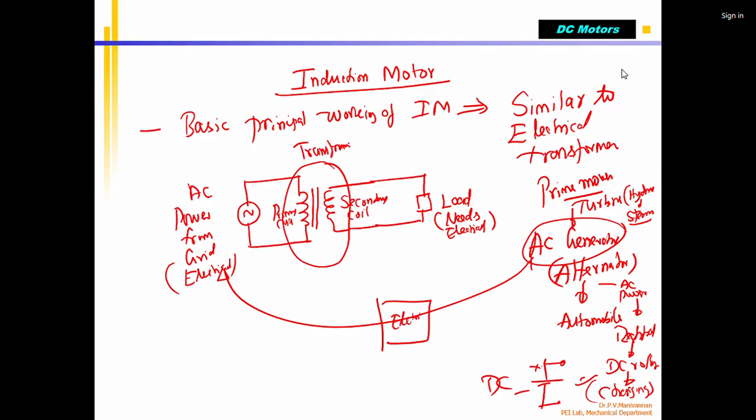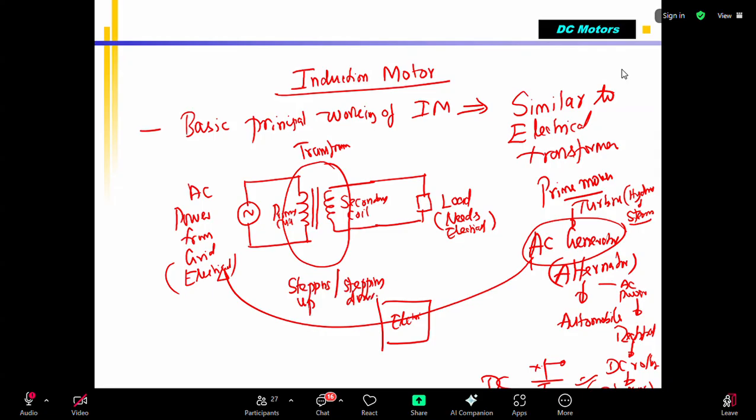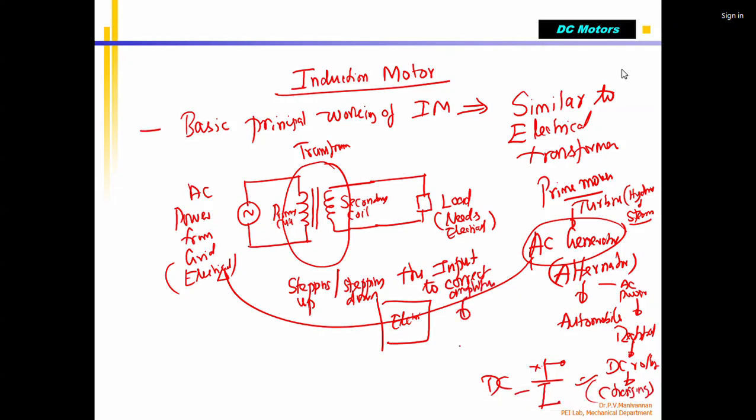Please note that the electrical transformer is used for stepping up or stepping down the input voltage to the correct level, the correct amplitude, so that it can be supplied to the load.